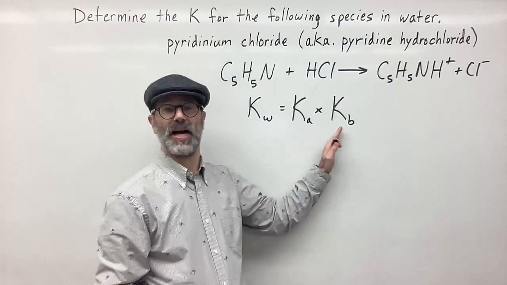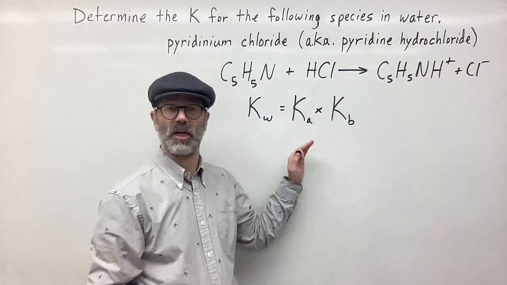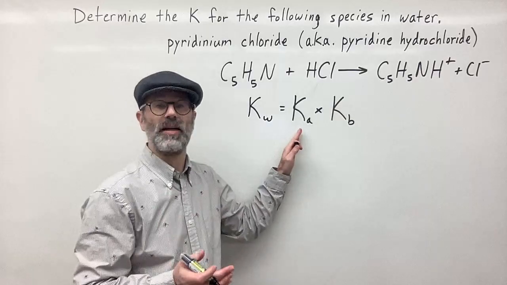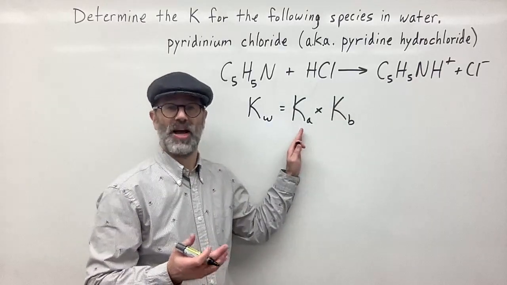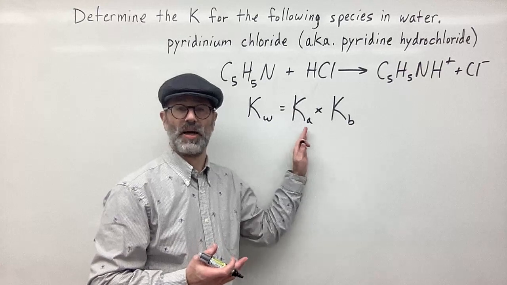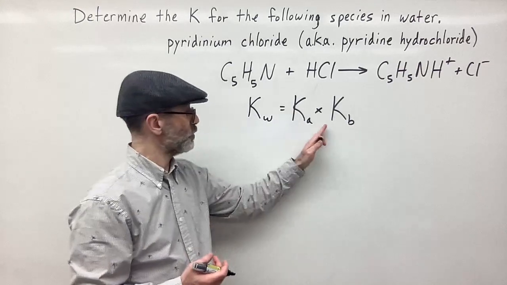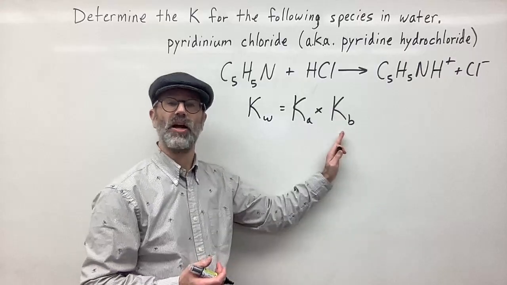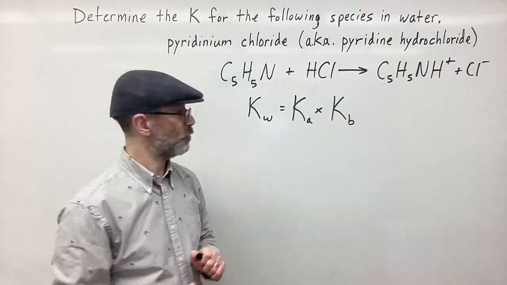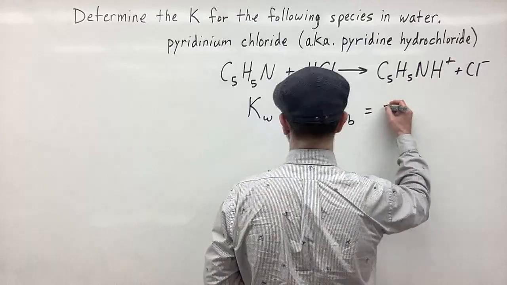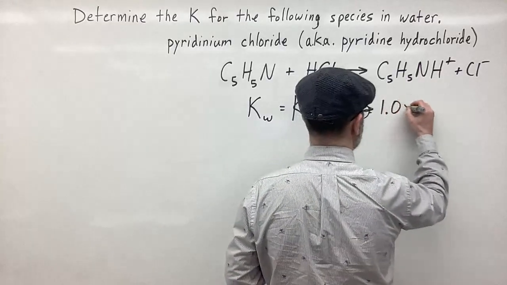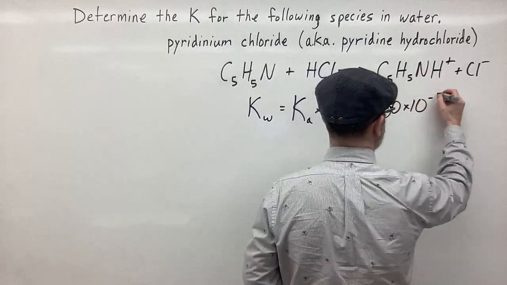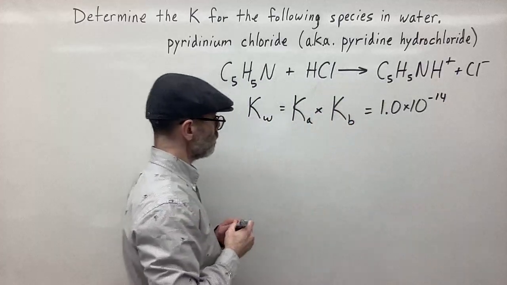It can't be just any acid or base; it's got to be the conjugate acid and conjugate base pair related to each other. If you take the K values for the pair, that's going to equal Kw. And Kw, as we should all know, is 1.0 times 10 to the negative 14.